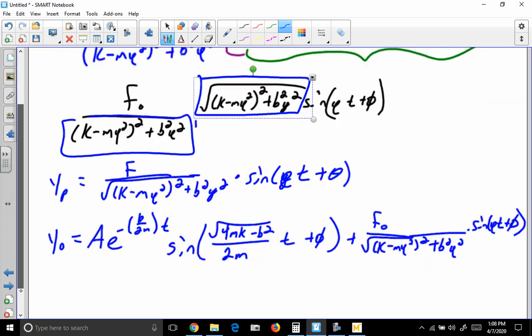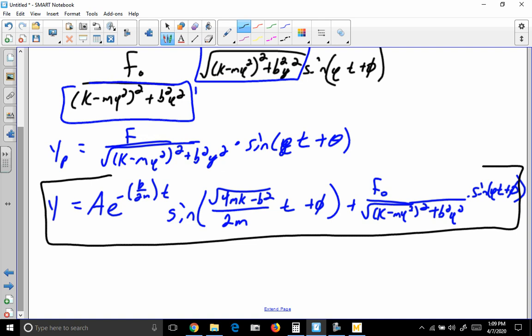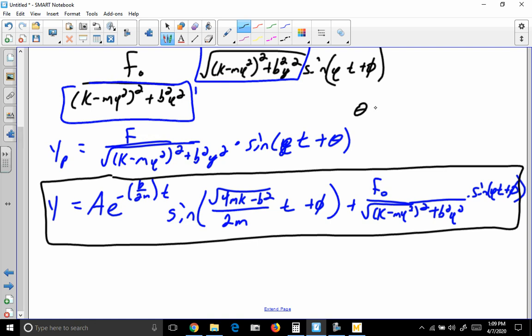So that's kind of messy, and that's not y naught, that's just our general solution. Keeping in mind here, we didn't mention what theta was. Tangent of theta is a1 over a2, which is k minus m gamma squared over b gamma.